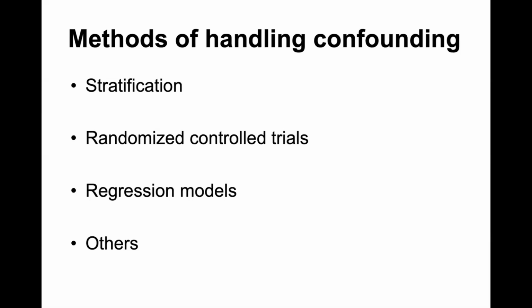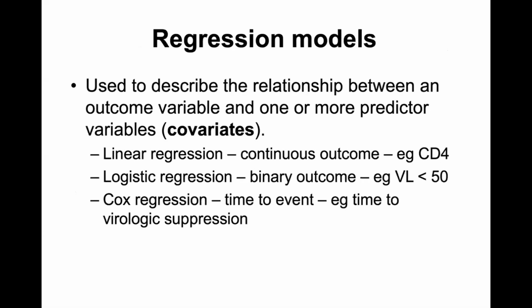But the big method we use for handling confounding is called regression modeling. Okay. And so this is where it all comes together. This is the part I love. Are you ready? Okay. The type of regression model you use depends on the type of variable your outcome is.